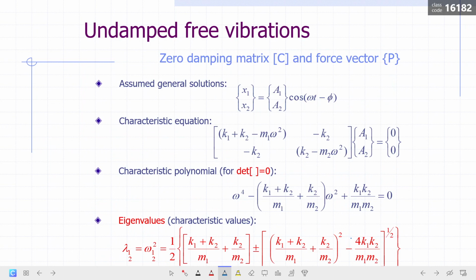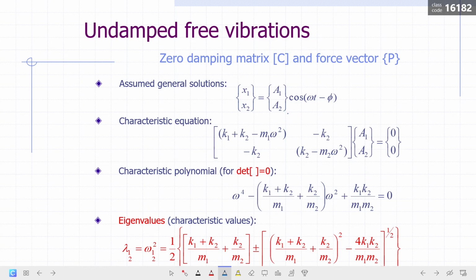But anyway, for ordinary system of differential equation, the solution has the form of exponential or trigonometric.